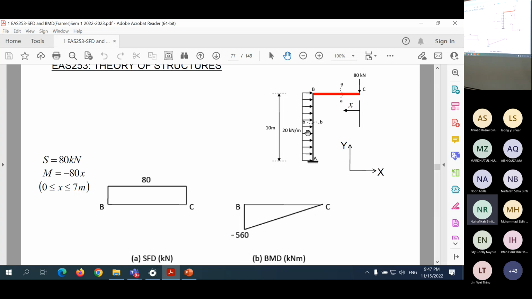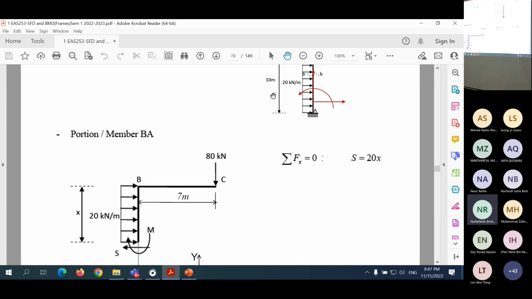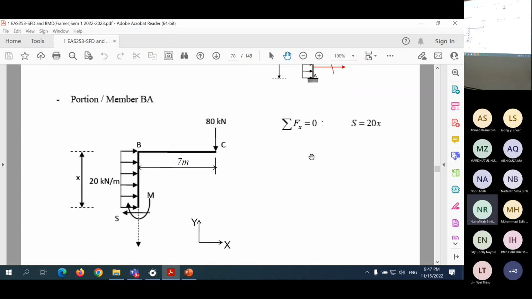So the next part is we come to here, then we use the free body diagram of this one. So if you look at the next part, for BA now, portion AB, we cut here, we use this free body diagram, which is shown here. So the positive shear and positive bending moment are in this direction, as shown there.